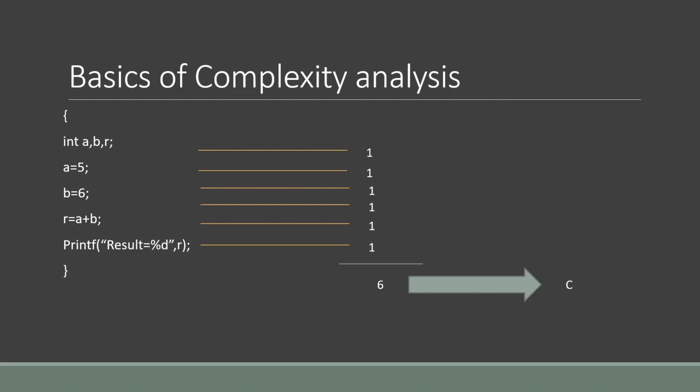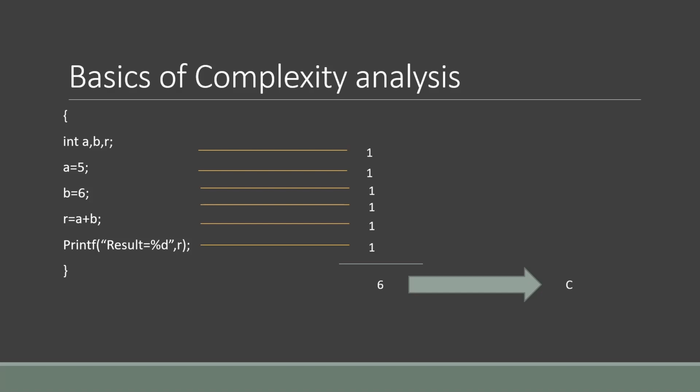So what we calculate is in terms of units of time. Here we have calculated 6 units of time, and each time the program executes, it will take 6 units of time, no matter whether the value of A is 5 or 15. It doesn't matter if the value of B is 16, not 6. So it does not depend on the number of inputs.